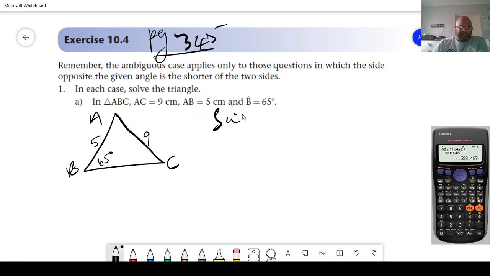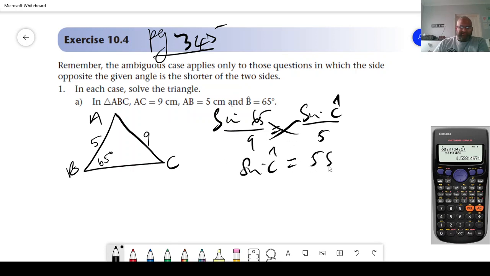So that's sine of 65 over 9 equals sine of angle C over 5. It's a matter of cross multiplying. So sine of angle C is equal to 5 sine 65 over 9, and we take the arc sine of that. Shift sine of 5 sine 65 over 9 gives you 30.2.